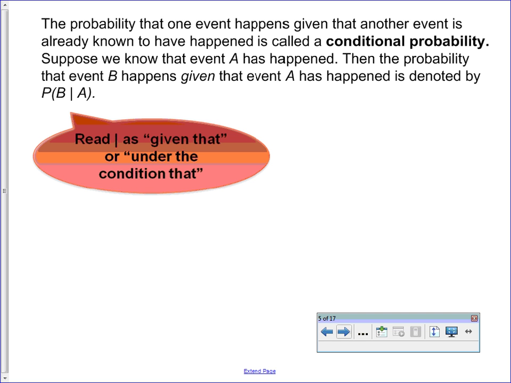The probability that one event happens given another event is called a conditional probability. And we write it like this.